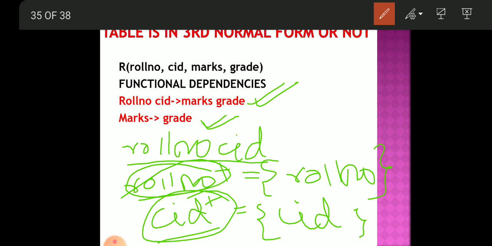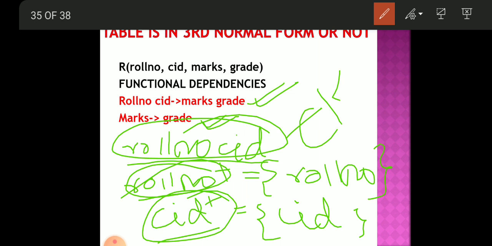If no proper subset is a super key, then we can definitely say that roll number and CID, which is a super key, is also a candidate key.